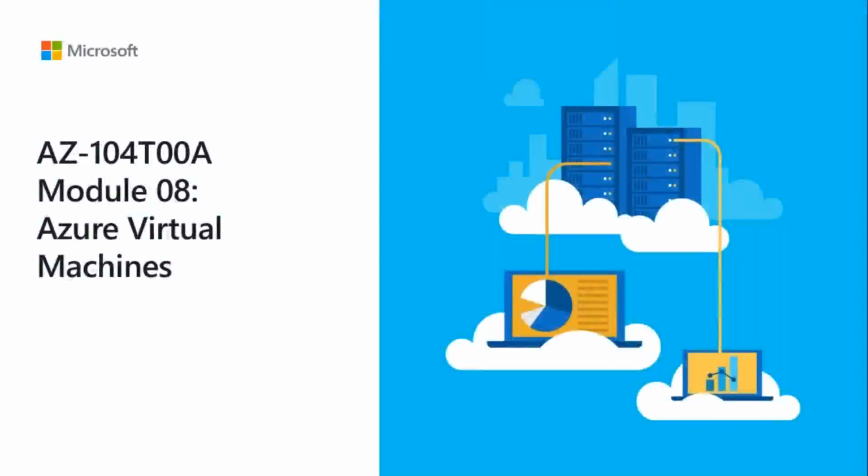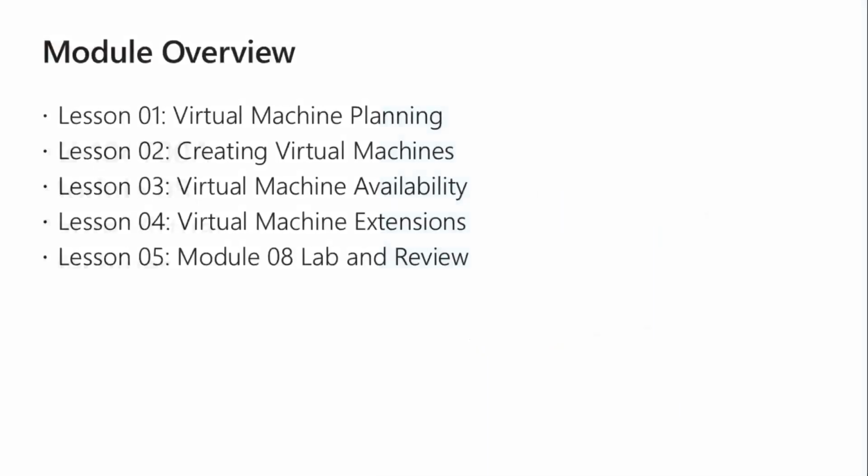Let's see what is there. There are 5 lessons again. Lesson 8 is for lab and review query. Virtual machine extensions is 4. Virtual machine availability, creating virtual machine, and planning for the virtual machine.